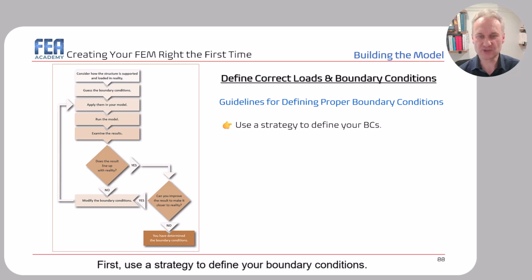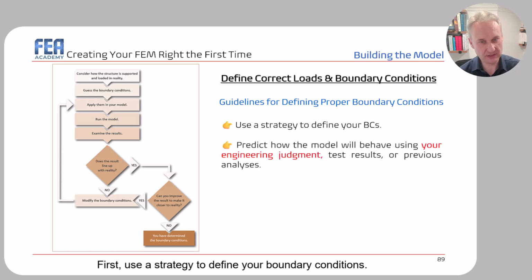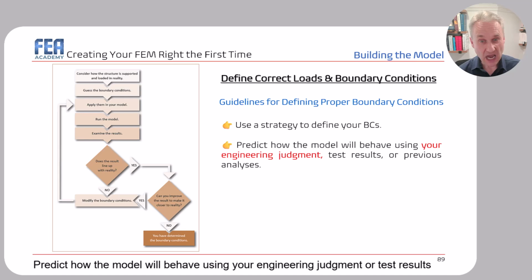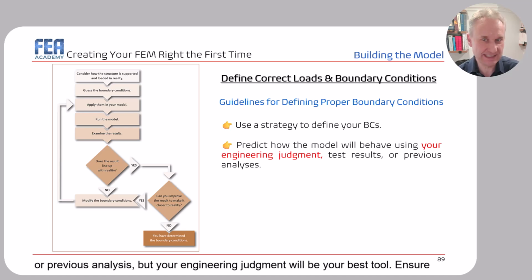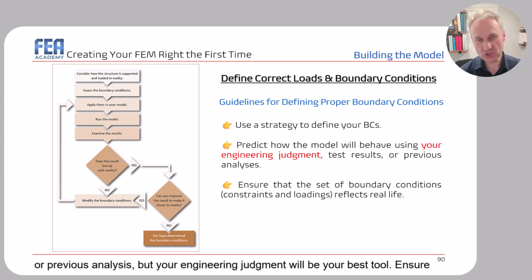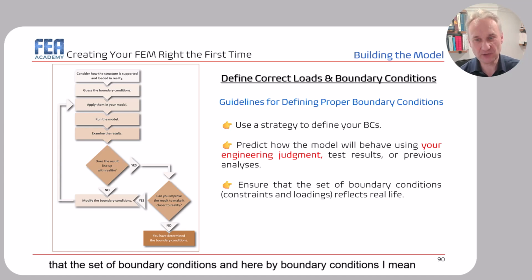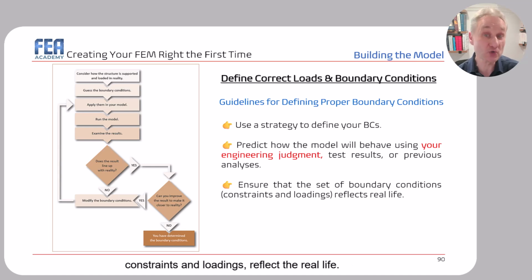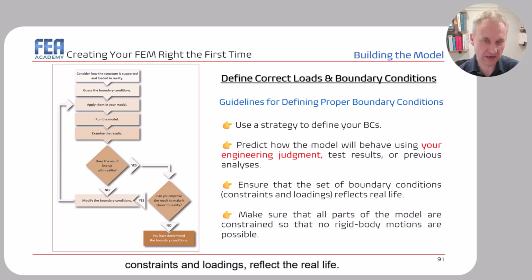First, use a strategy to define your boundary conditions. Predict how the model will behave using your engineering judgment or test results or previous analysis. But your engineering judgment will be your best tool. Ensure that the set of boundary conditions, and here by boundary conditions I mean constraints and loadings, reflect real life.